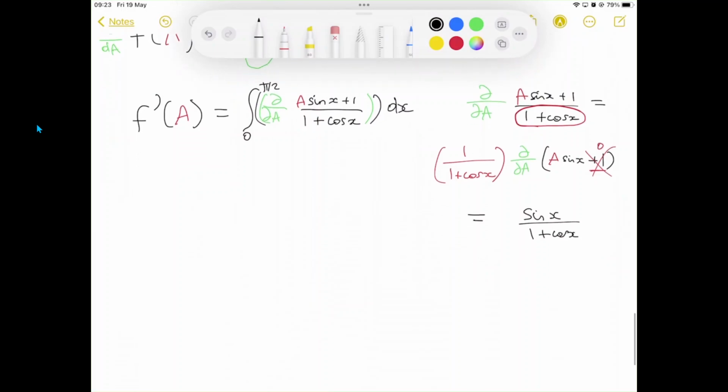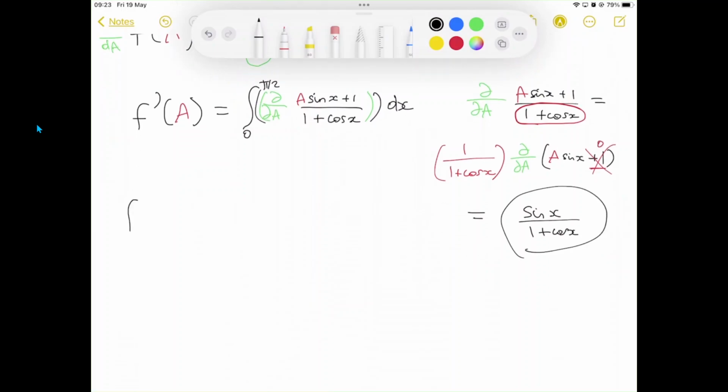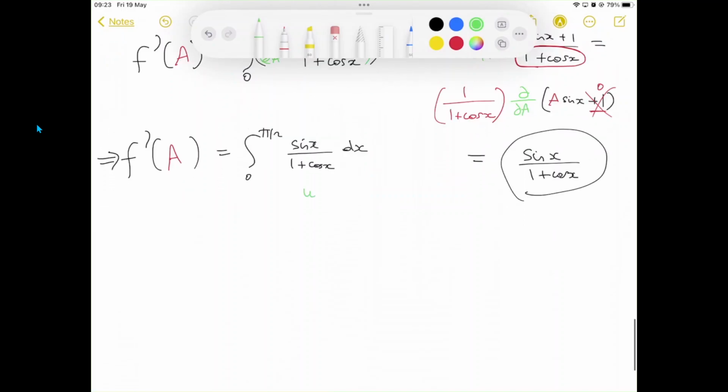Now, if I put this back into the integral, we can say f prime of a is equal to the integral from 0 to pi over 2 of sine of x over 1 plus cosine of x dx. And now we just have a pretty basic Calc 2 integral, where you let u be some new variable. This is a dependent variable now, not an independent one.